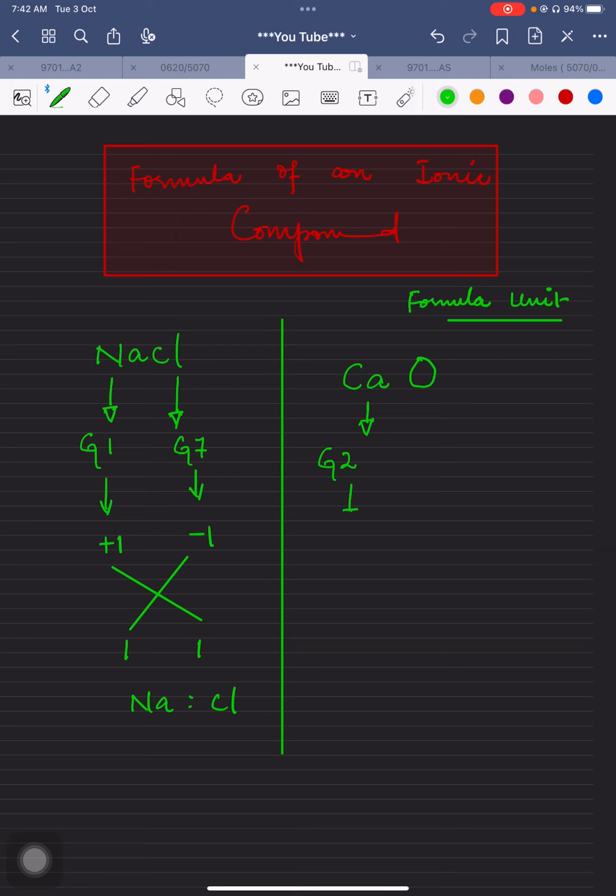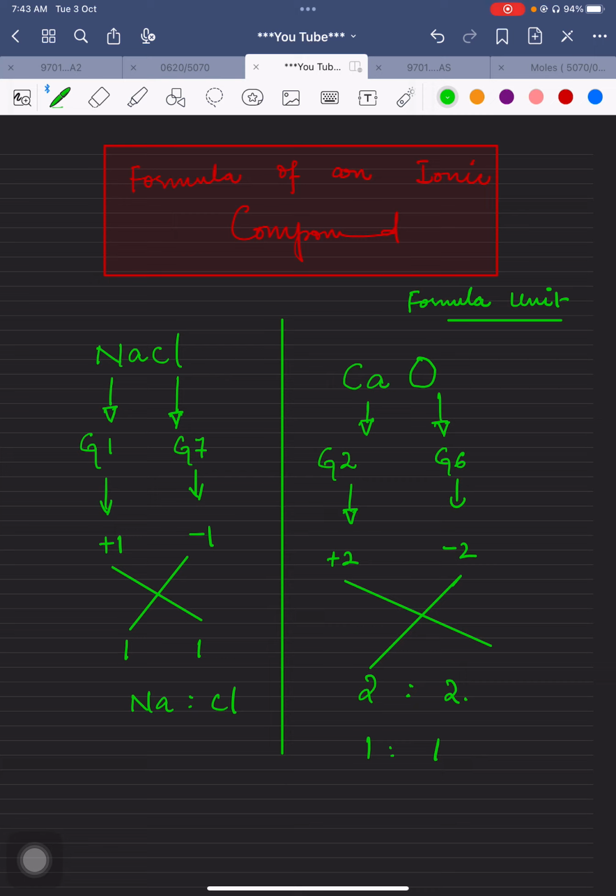Group number 2 has a charge of +2, and oxygen is part of group number 6, so it has a charge of -2. Now -2 and +2 cross multiply with each other, so 2 will come here and 2 will come here. We are not changing the positions of the plus and the minus, we are just talking about the numbers. So 2:2 means 1:1, that's why they are coming in a 1:1 ratio, and the formula is CaO.